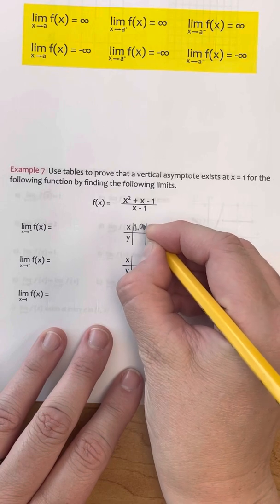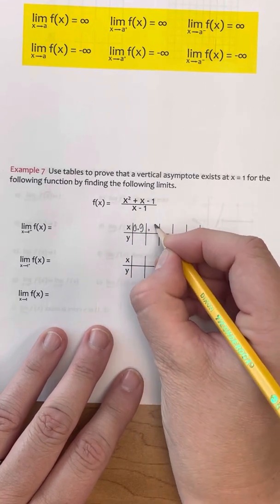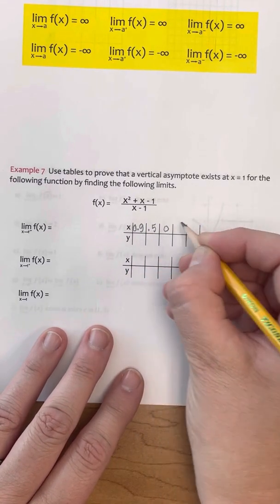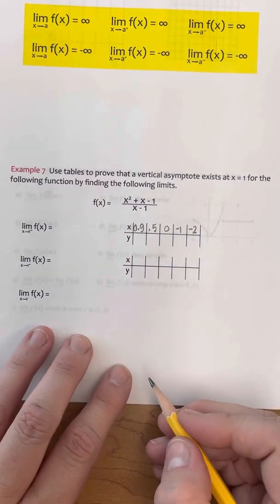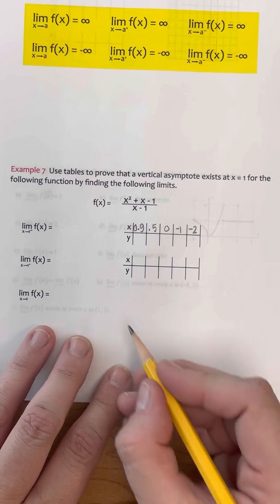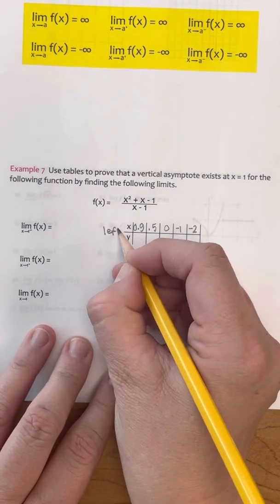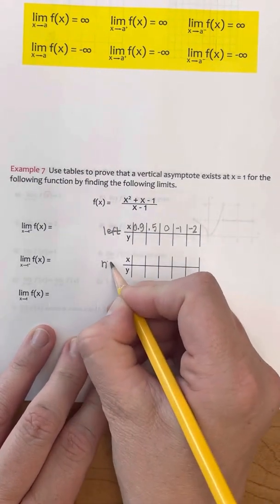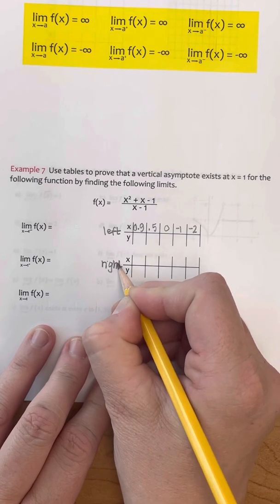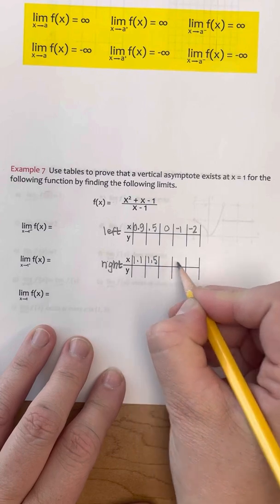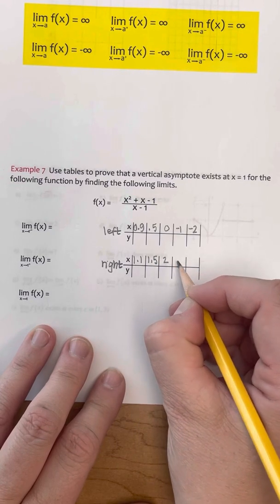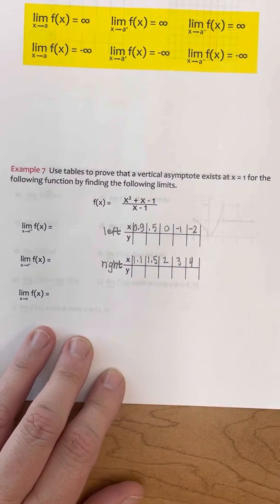So I'm going to do like 0.9, 0.5, 0, -1, and -2. This is my approaching the 1 from the left. And then I'm going to do a table where I'm going to approach the 1 from the right. So 1.1, 1.5, 2, 3, and 4, just making up some numbers.